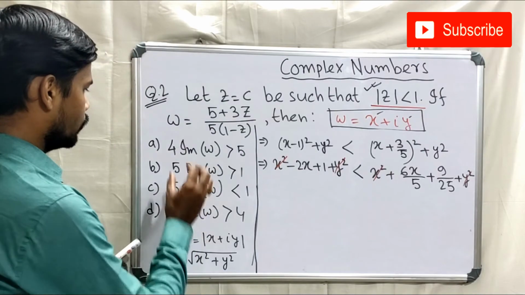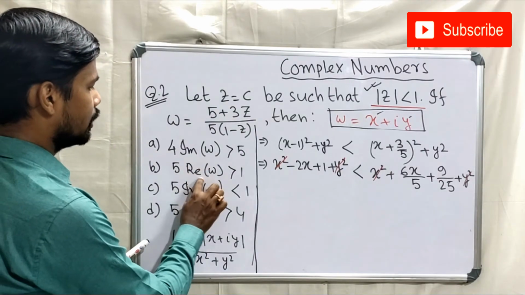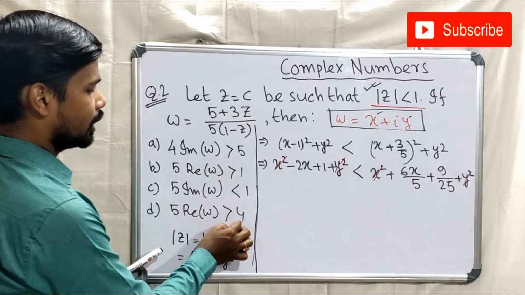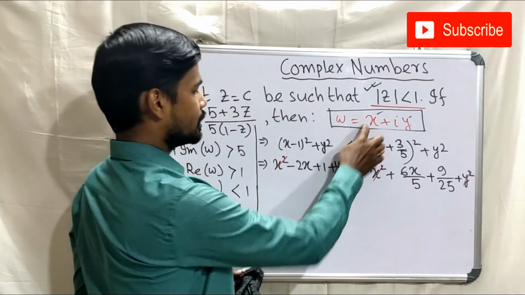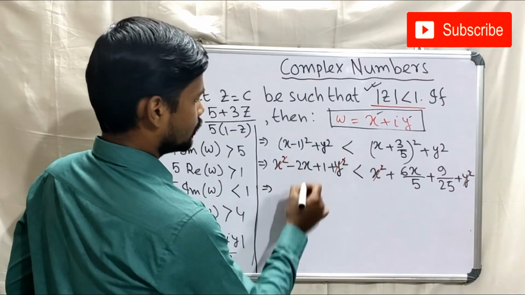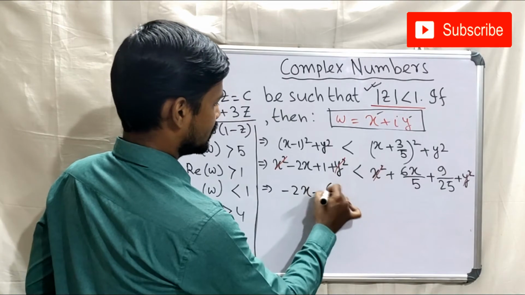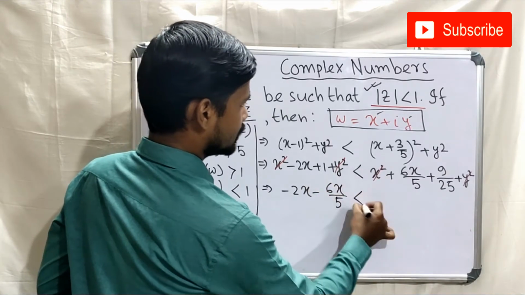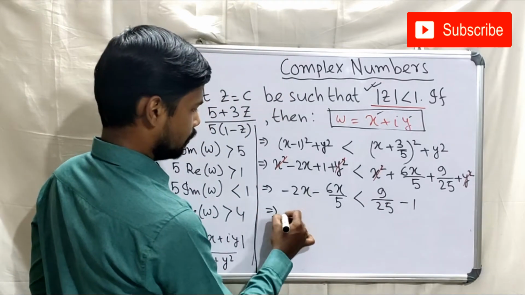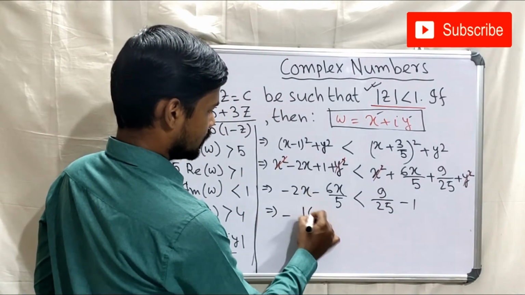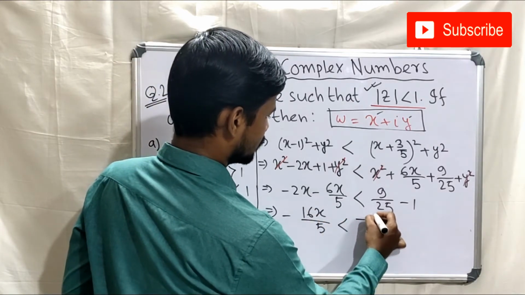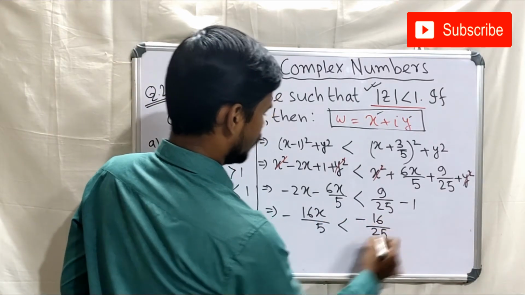So clearly we have to check whether it is real omega, 5 real omega greater than 1 or 5 real omega greater than 4, because x is the real part of omega, right? So we have minus 2x minus 6x by 5 less than 9 by 25 minus 1. So this implies minus 16x by 5 less than minus 16 by 25.